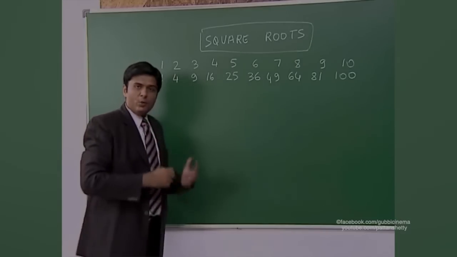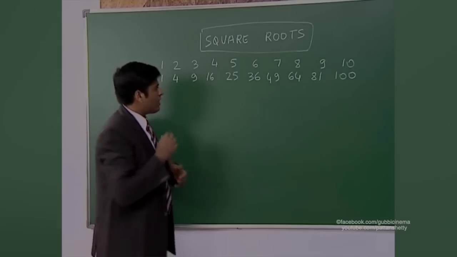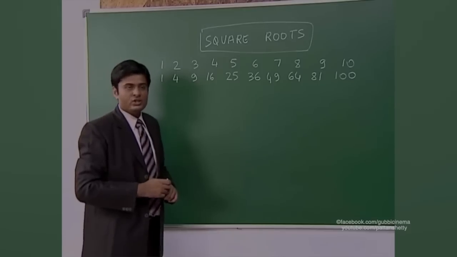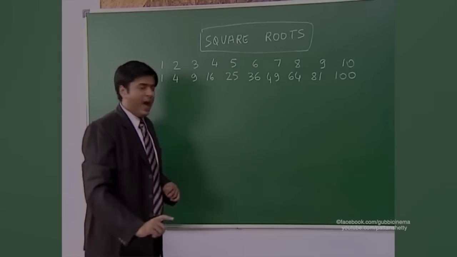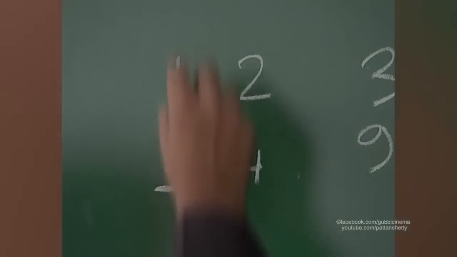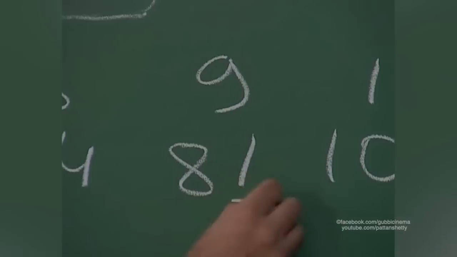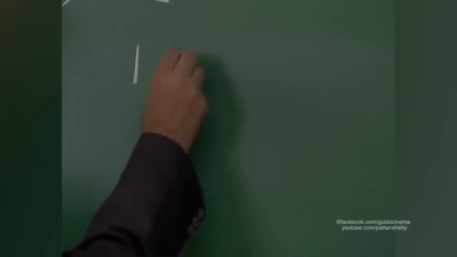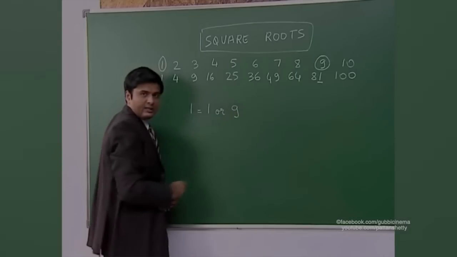So like we observed in cube roots, again we are going to observe certain relationship between the digits. Let us see what is the relationship between the digits. We observe, friends, that if the square ends in 1, the square root ends in 1 or 9.